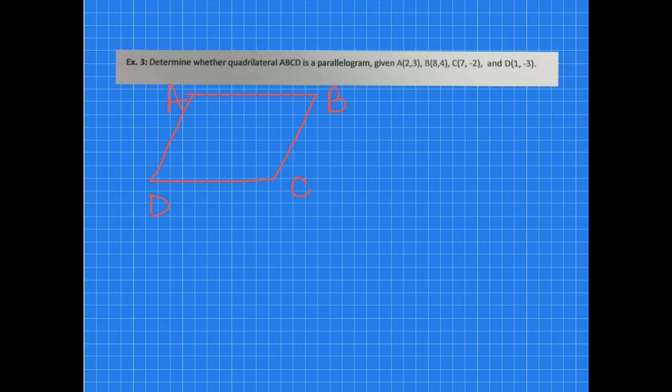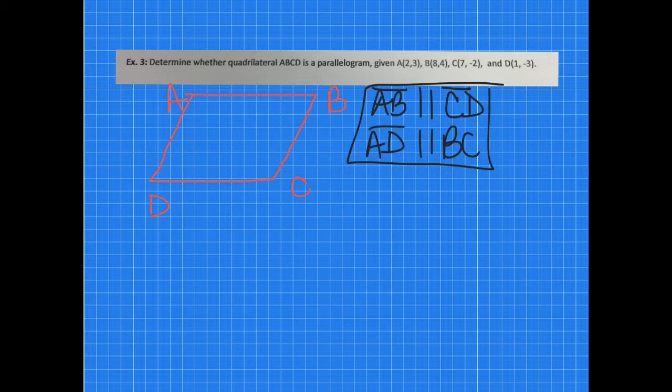One of the things that we know is that if it's a parallelogram, we can do this a couple of ways. First of all, we can use slope. We could use slope and prove that AB is parallel to CD. We could also prove that segment AD is parallel to BC. So that's one method, using slope.